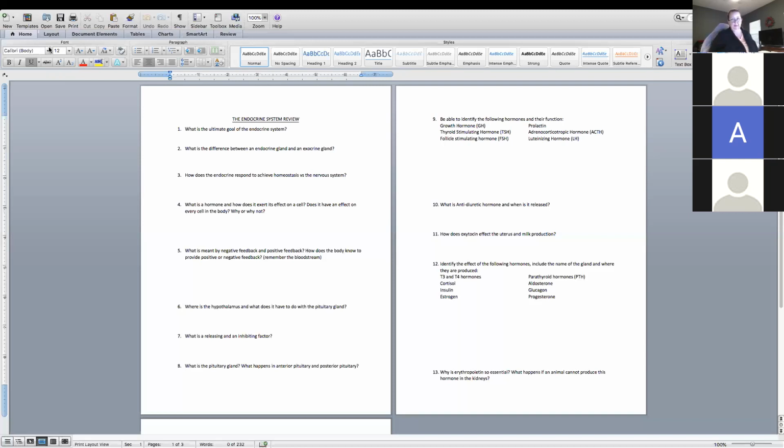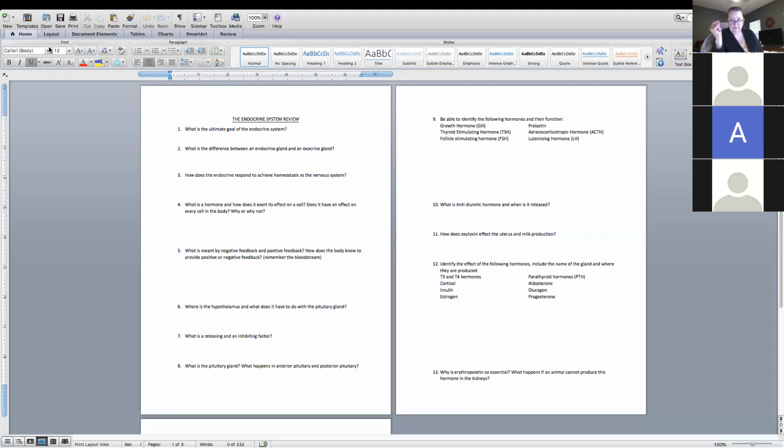So it's kind of like this is the thermostat. Positive and negative feedback is like our thermostat. When your temperature in your house is getting too cold, the thermostat, which is your hypothalamus, is going to detect that the house is cold. Its target is the furnace. It's going to release a signal.